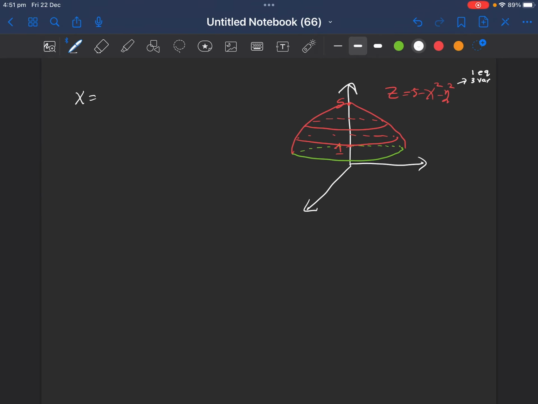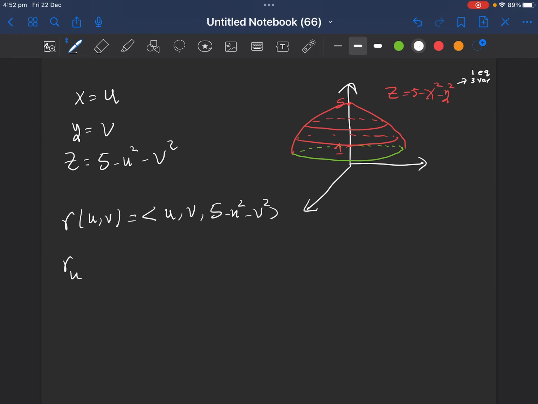The reason why, because if x is u, y is v, then z will be easily found to be 5 minus u squared minus v squared. This is the parameterization, and from it I can find r, which is u, v, 5 minus u squared minus v squared. So what is RU and what is RV?